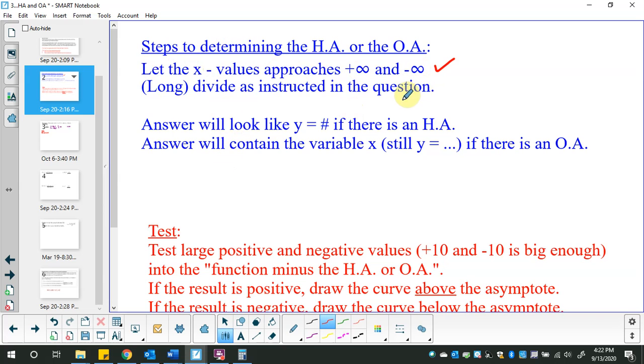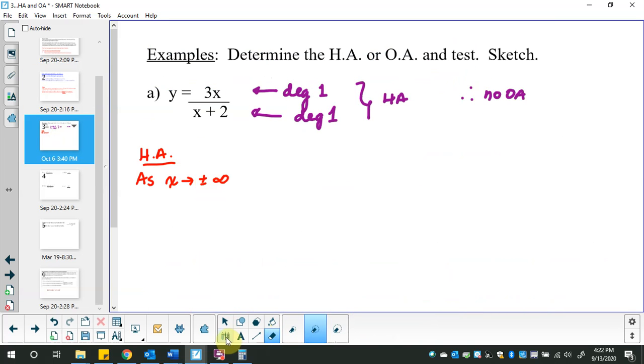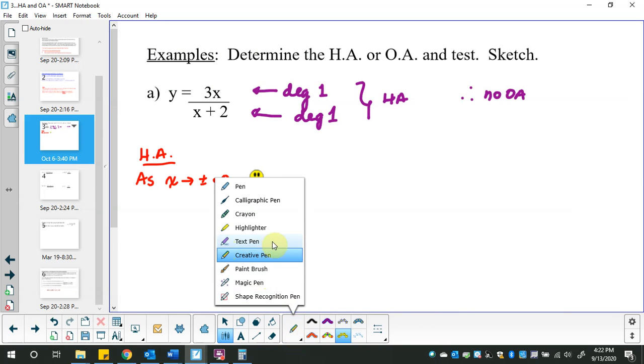So if you start doing all the rest of the stuff and don't have that line, all the rest of the stuff is kind of mathematically incorrect. So you have to pull off that first line. So you need this to do it. So I am going to use my good old creative pen to give that a happy face.